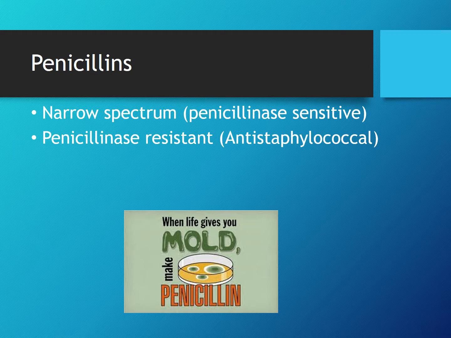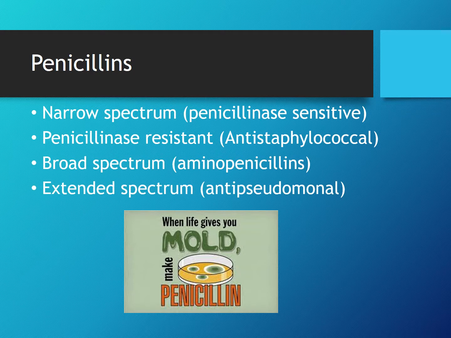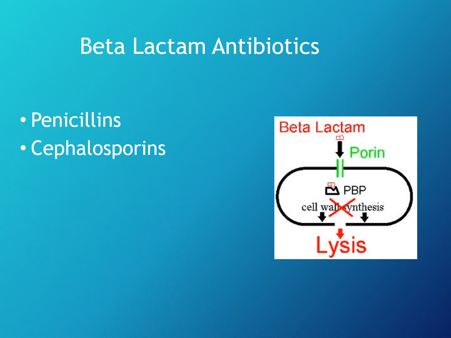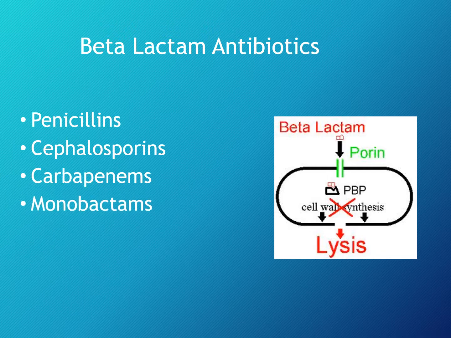You've got anti-staphylococcal, penicillinase resistant, broad spectrum penicillins, and extended spectrum penicillins. And so we group these together as beta-lactam antibiotics. That's the classification that your penicillins fall into. But also considered beta-lactam are your cephalosporins, your carbapenems, your monobactams, and your beta-lactamase inhibitors.